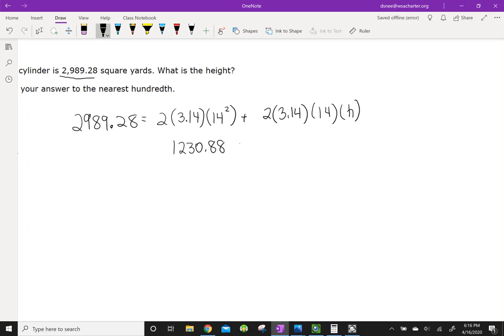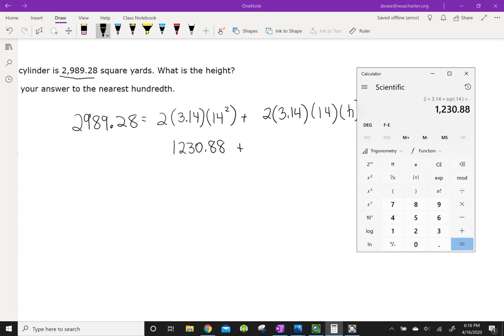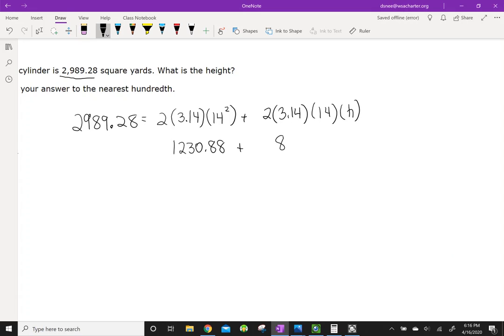Plus, now 2 times 3.14 times 14 equals 87.92h.